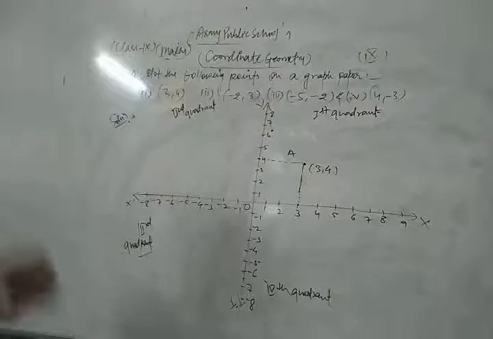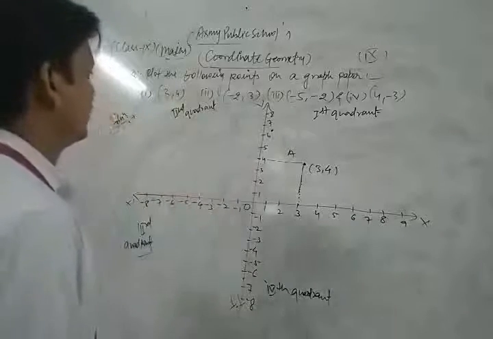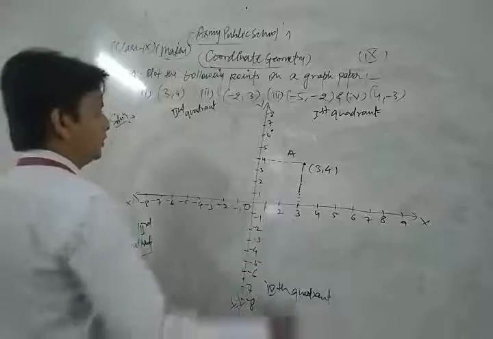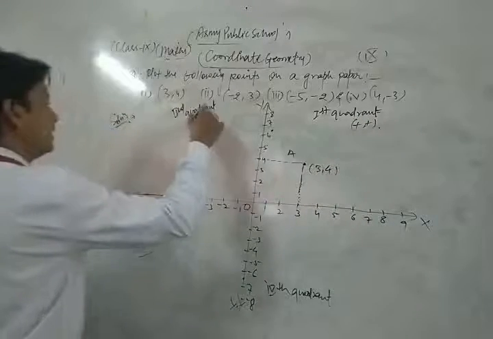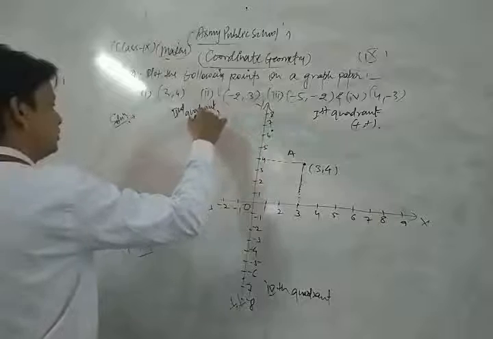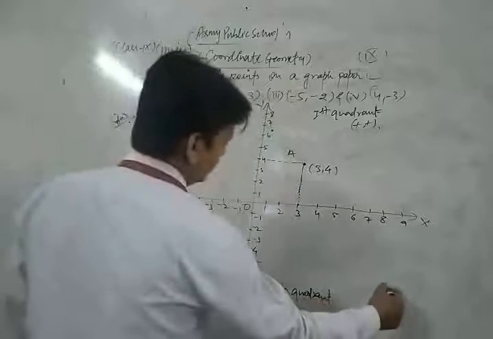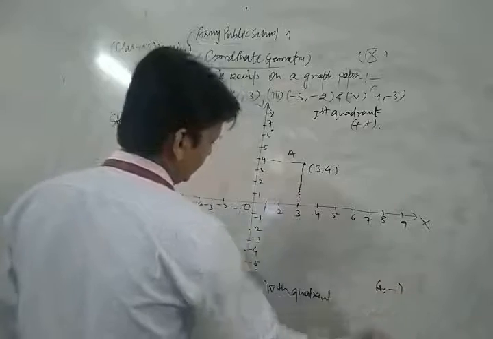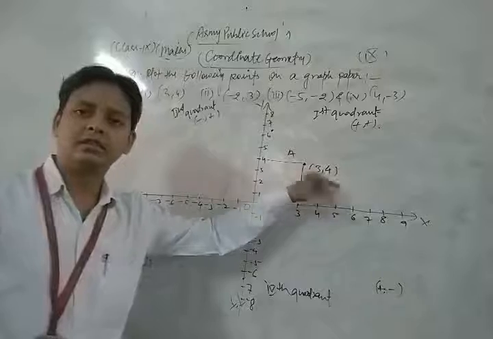Okay, dear friends, in the first quadrant both the abscissa and ordinate are positive. Here the abscissa is negative but the ordinate is positive. Here both are negative, and here it is plus, minus. Okay, now let's see. Plus, plus here, so that lies in the first quadrant.